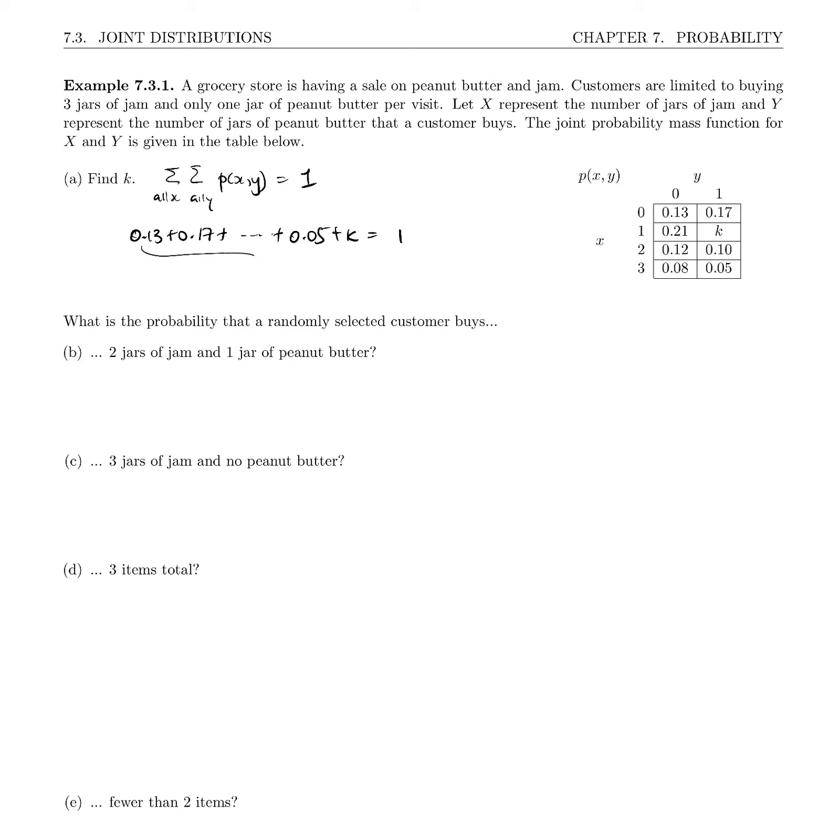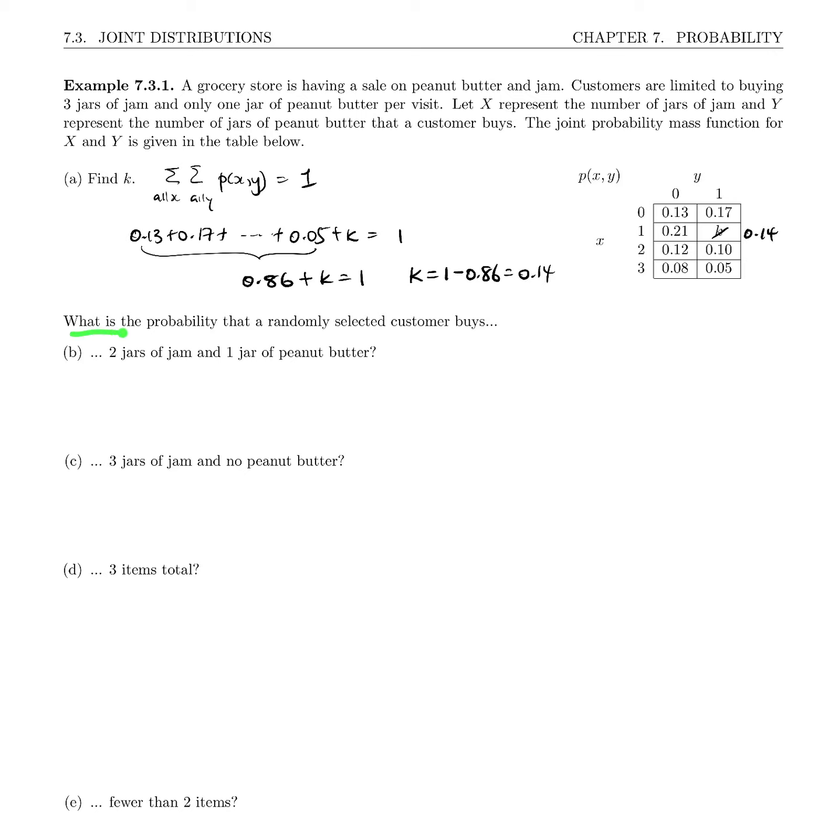I've added up these values off screen, and that gave me 0.86 plus k has to be 1, and so k is 1 minus 0.86, which is 0.14. So we can put that into our table, 0.14 for k.